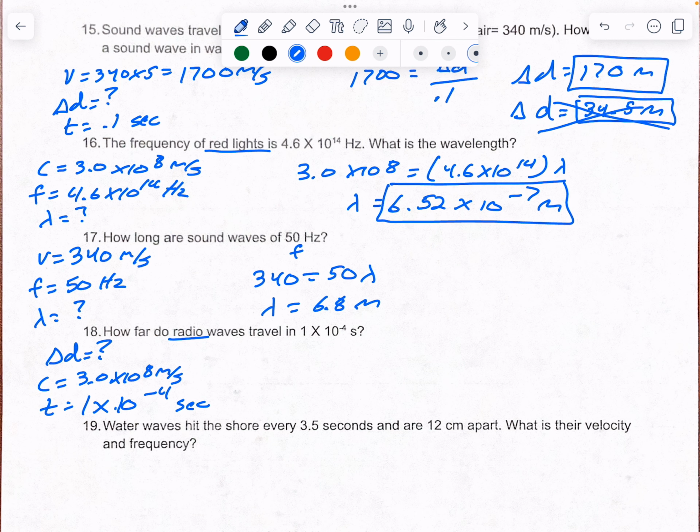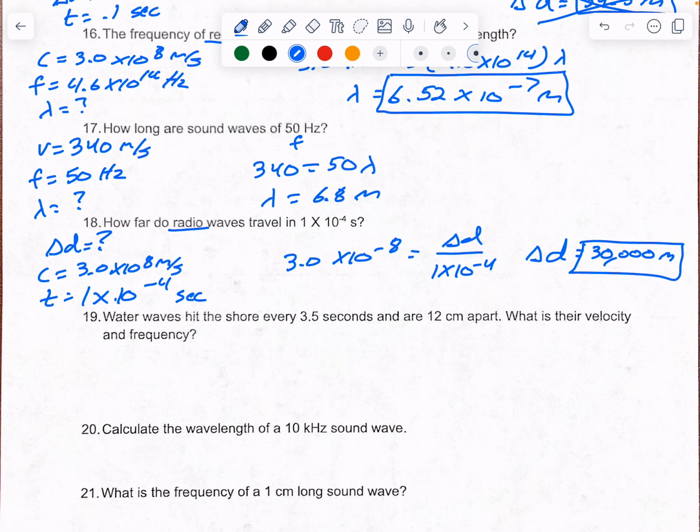So you can do V equals D over T. My velocity would be 3.0 times 10 to the 8th equals displacement, I don't know, over my time, 1 times 10 to the negative 4. Multiply both sides by your time, and you're going to get a displacement of 30,000 meters.